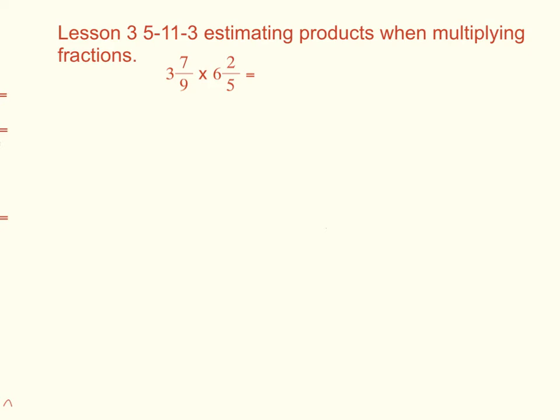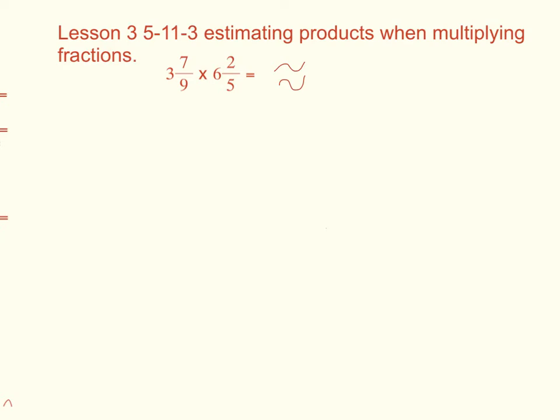Now we're going to try another one. This one has 2 mixed numbers. So what we're simply going to do is round these mixed numbers. So this is a lot easier than it looks like. So we're going to do 3 7/9. And again, we're estimating, so we're looking for the about answer. So 3 7/9. 7/9 is almost a whole, isn't it? You got 8/9 and then 9/9 is a whole. So we're going to round that to a whole.